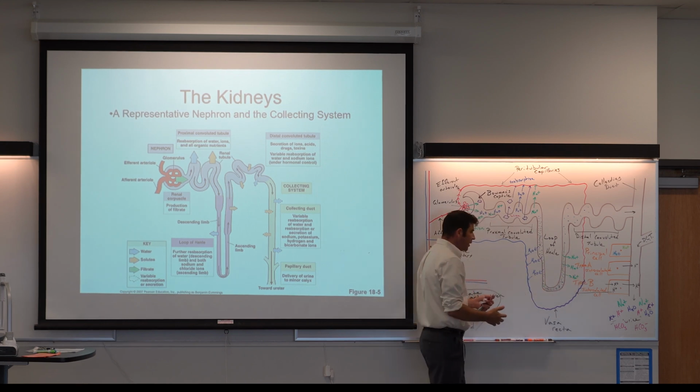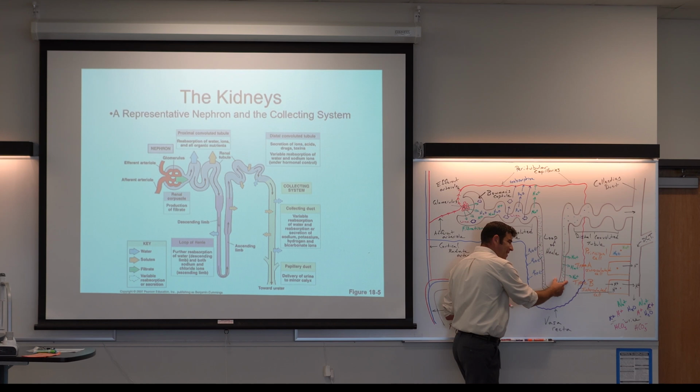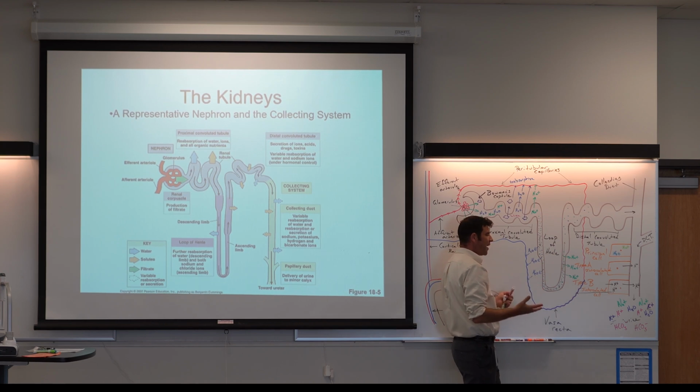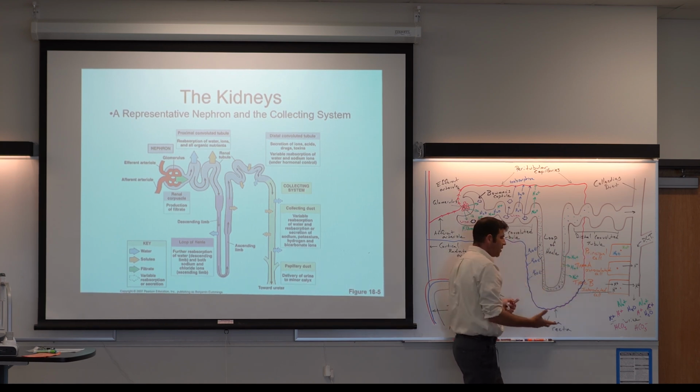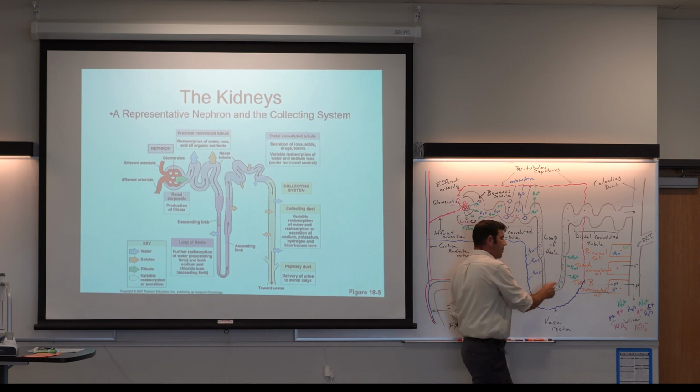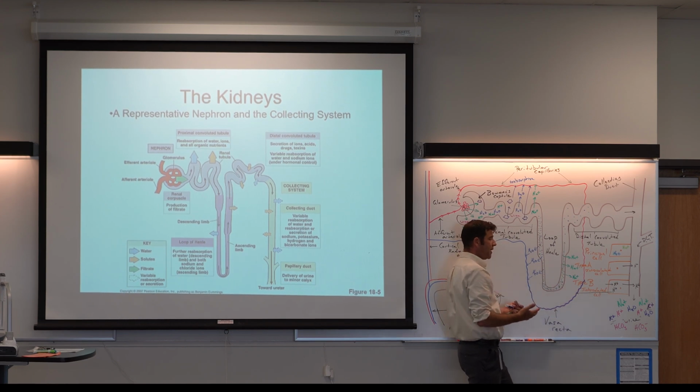I guess I can make a distinction real quick between this thin segment of the ascending limb and then this thick segment of the ascending limb. It's a side note, and I know I've used a lot of my space to write things on the board. I'll just say the thin ascending limb is a place where sodium is coming out of the ascending limb passively. Sodium is going down its concentration gradient, so it doesn't require any energy for sodium to come out of this ascending limb.